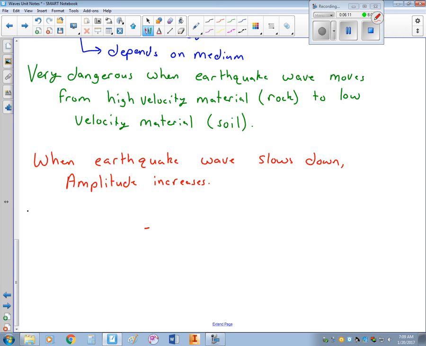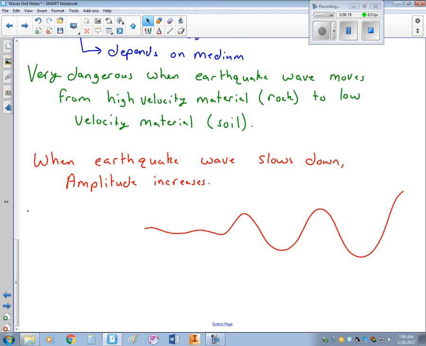So the earthquake would do something like this, where we have very small amplitude to larger amplitude. If we have a building sitting on this ground, imagine the low amplitude wave going underneath of it, just rocks it back and forth, versus a high amplitude. It would topple the building much, much easier.